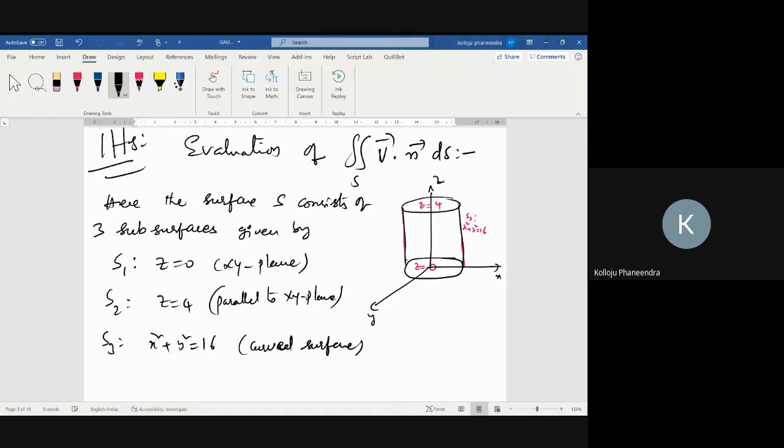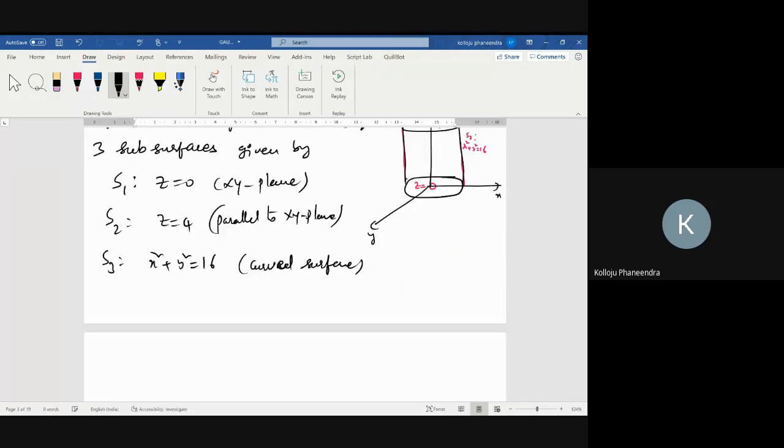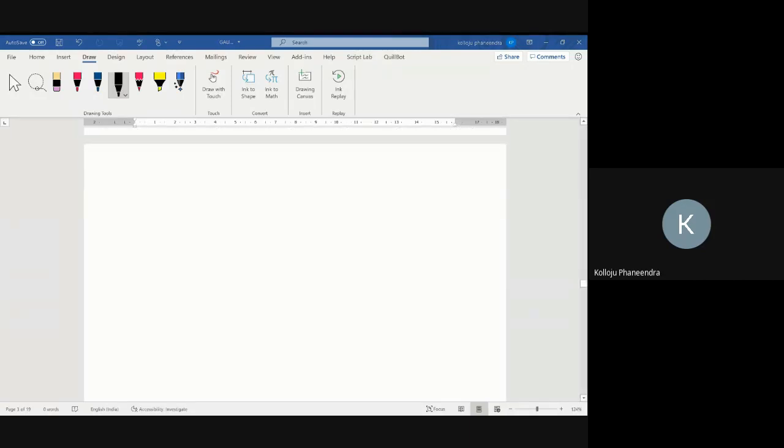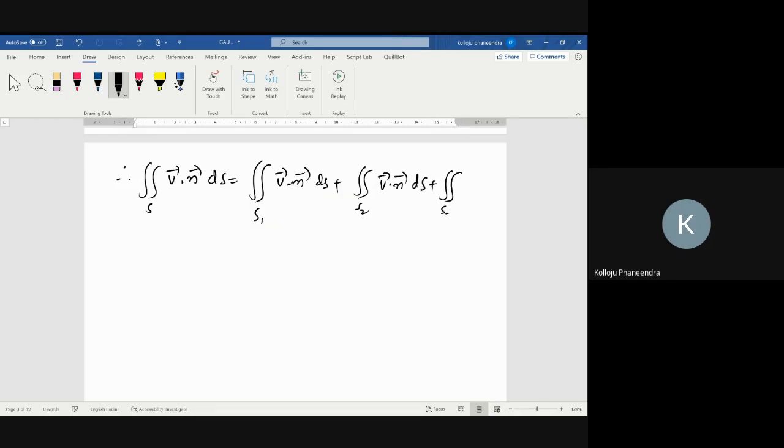Okay, now these 3. Now one by one I have to evaluate. Therefore, the double integral over S of v bar dot n bar ds is equal to the integral over S1 plus over S2 plus over S3.